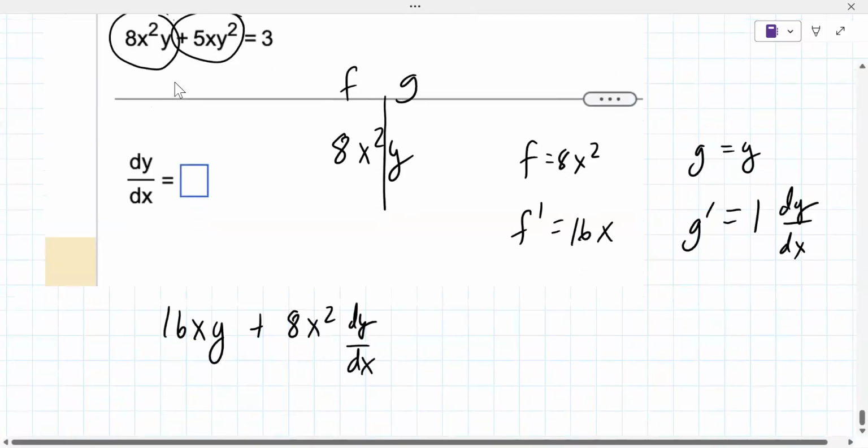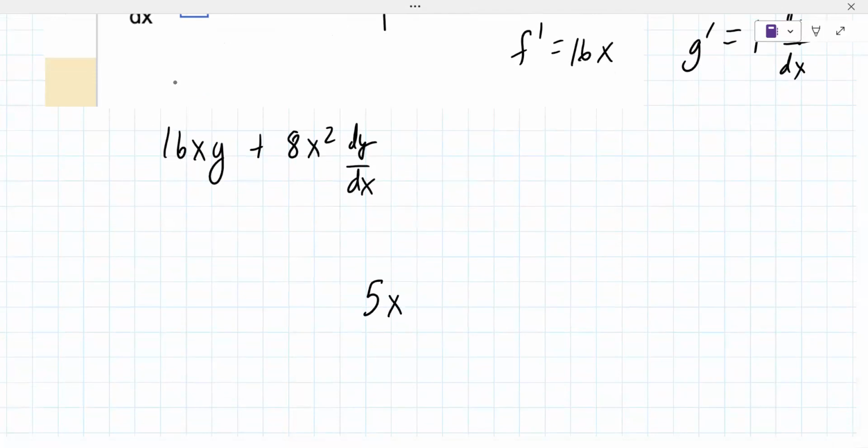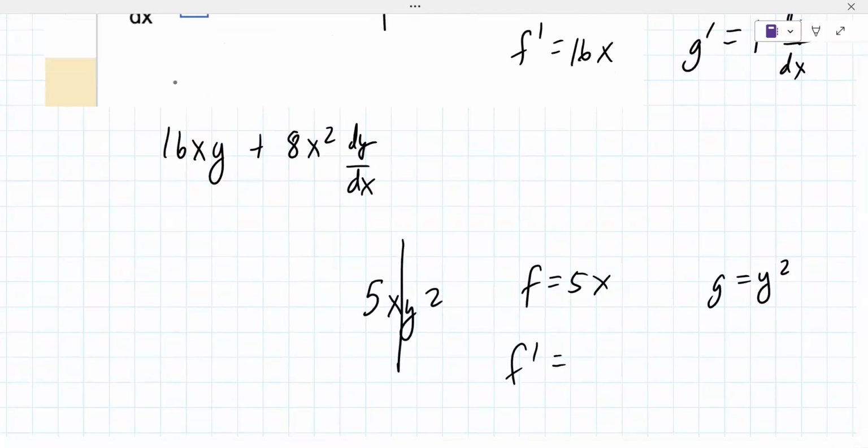That's good. So we'll do 5xy squared now. You've got to figure out again where to split it. I'll suggest right there: f equals 5x, g equals y squared. Why don't you try figuring out f prime and g prime? F prime is just 5, and then g prime would be 2 dy/dx?